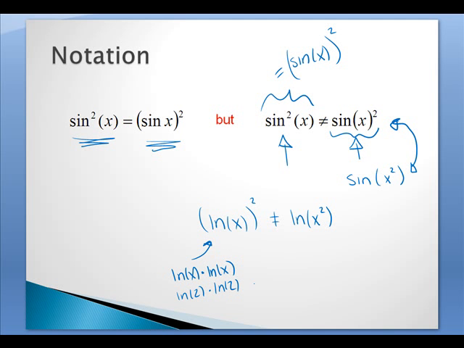Now if you evaluate that in your calculator, you're going to get approximately 0.48. But on the right-hand side, if x was 2, then you would have ln of 2 squared, which equals ln of 4, which does not equal 0.48. It actually approximates to 1.39. So they're very different answers, very different functions there.